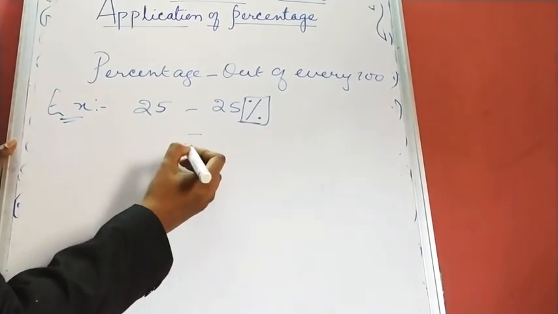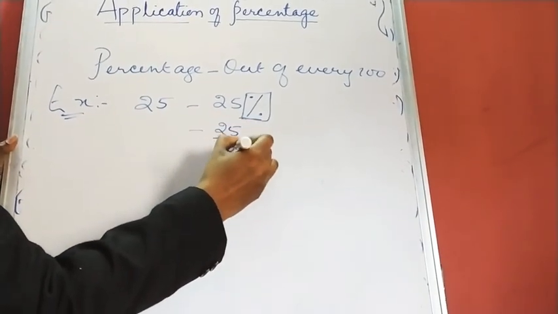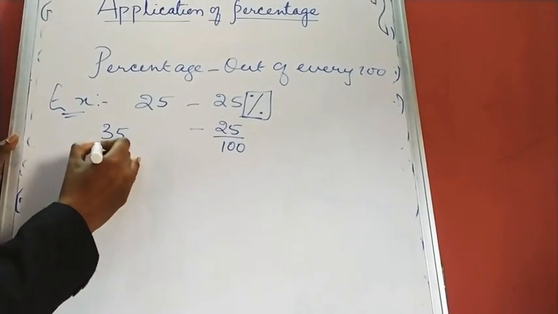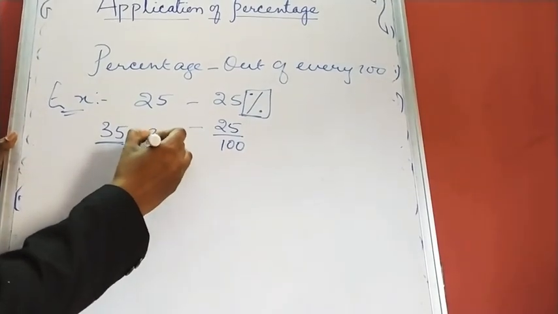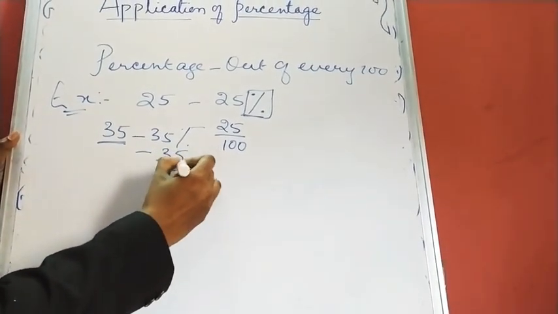It can also be expressed, according to the meaning, as 25 out of hundred. So if you have 35, in order to express this as a percentage, how do we write? We can write 35% or we can write 35 out of every hundred.